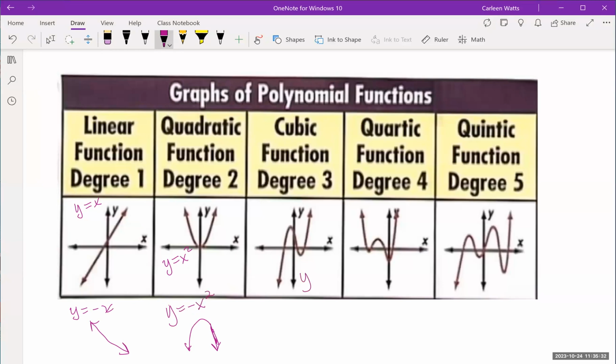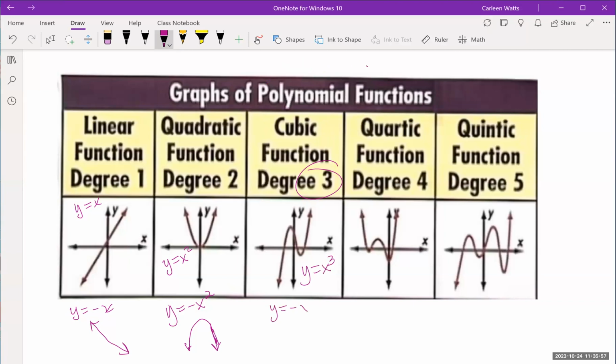Okay, this is y. A degree 3 means y equals x cubed. Now, this one obviously has more terms, so it probably looks more like this. Y equals x cubed plus 7x squared plus 4, and so on. It has more terms, but the parent graph is x cubed.